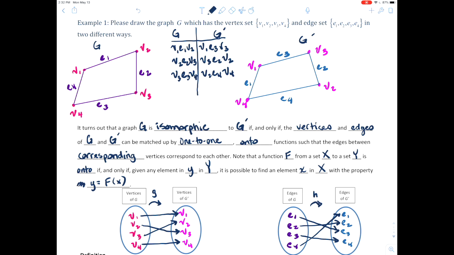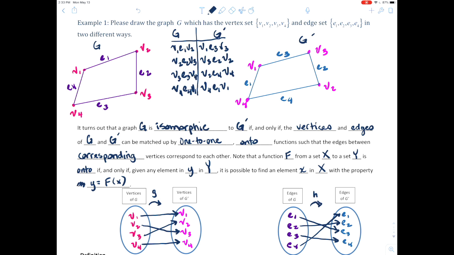And for our very last one, in the graph G, we'd have V4, E4, V1. And in G prime, that would be what? V4, E1, V1. And so we already have vertex 1 mapping to vertex 1 and vertex 4 mapping to vertex 4 in the correspondence g down here.